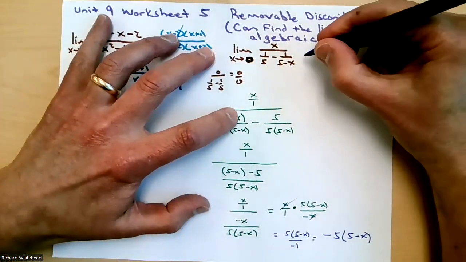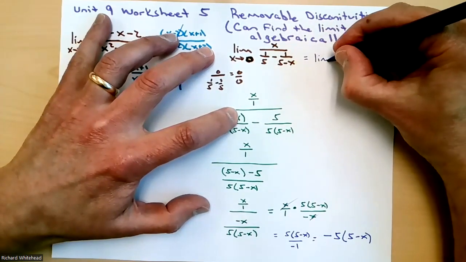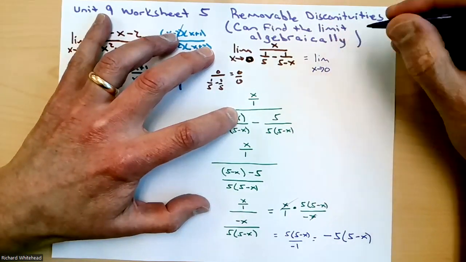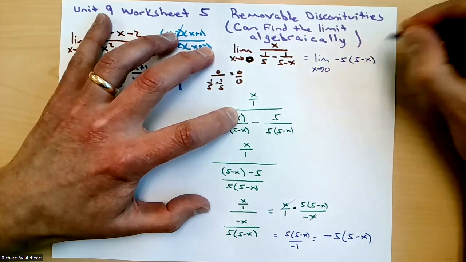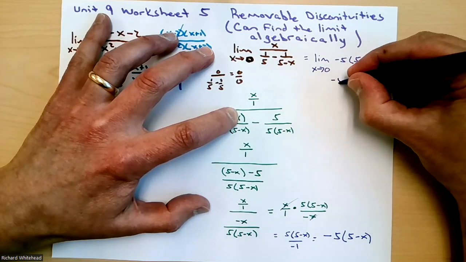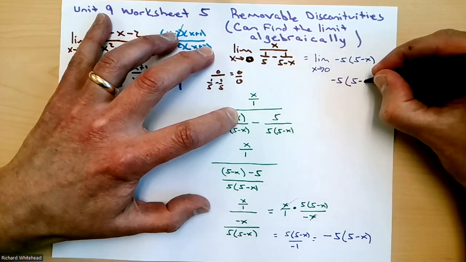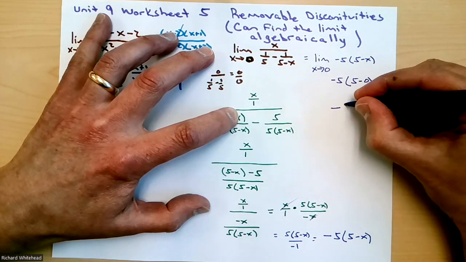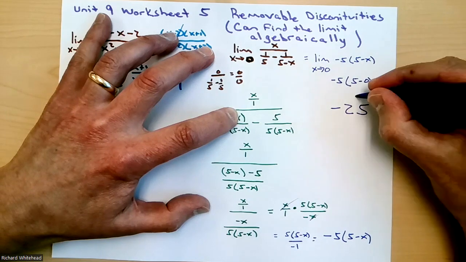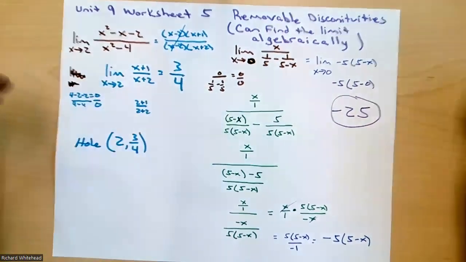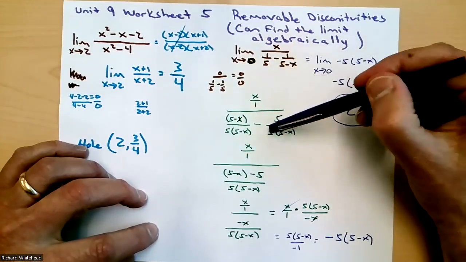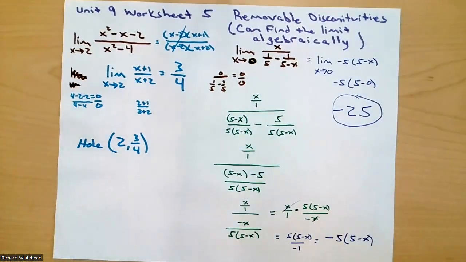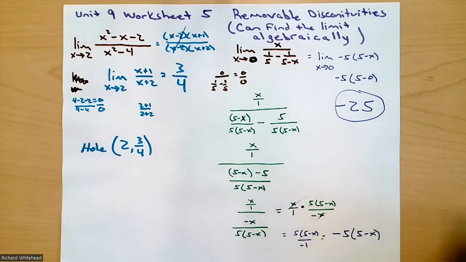So the problem turns into, what's the limit as x goes to 0 of -5 times 5 minus x. Now when we plug in the 0, we get -25. So the answer turns out to be -25 because we had that complex fraction that we had to clean up, just like we used to do in Algebra 2. Had an entire unit on it in Algebra 2.